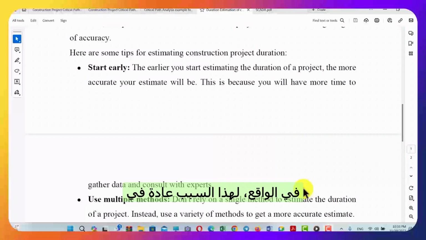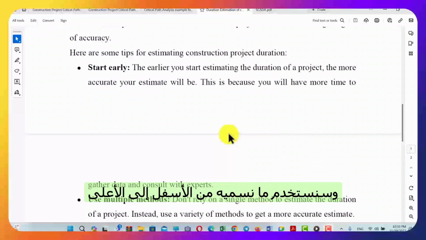In fact, that's why usually in the project charter during the initiation phase, we will be having some sort of high level estimation of the project duration, where we say that this is some sort of order of magnitude. Okay, that is not really accurate and needs to be more elaborated during the planning phase, and we have to be more accurate, and we'll be using what we call bottom-up estimation.